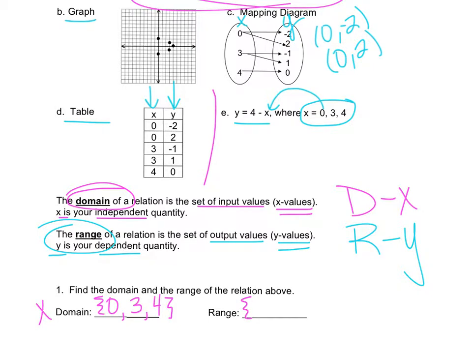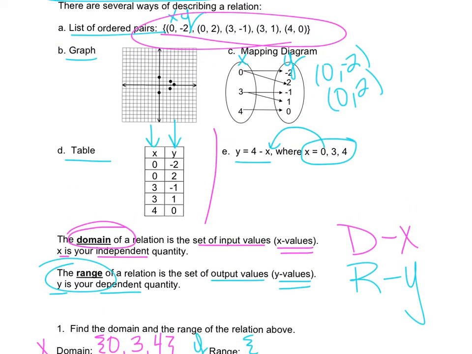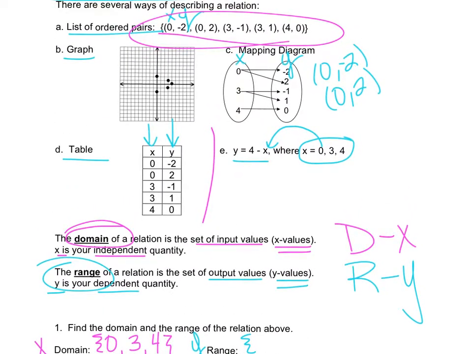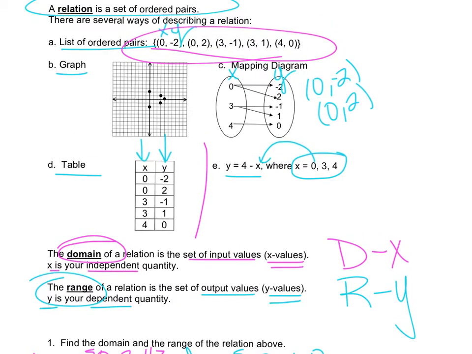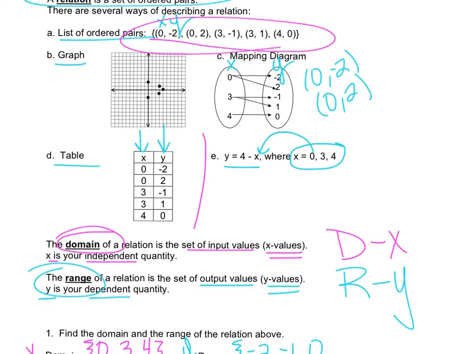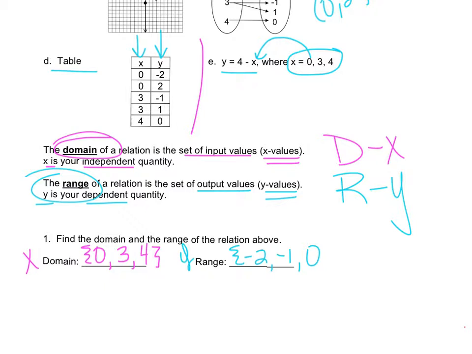Range is your Y. So on range, we're going to look at the Y values of our ordered pairs. Same thing, curly bracket and least to greatest. So that would be -2, -1, 0, and then 1 and 2.